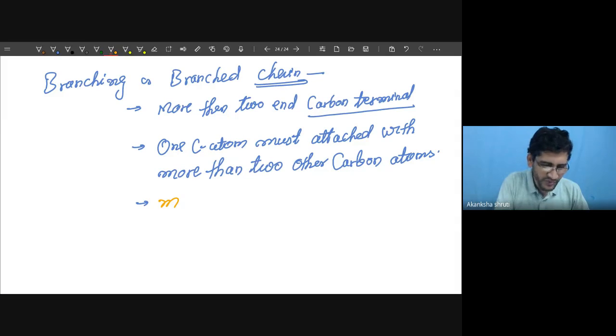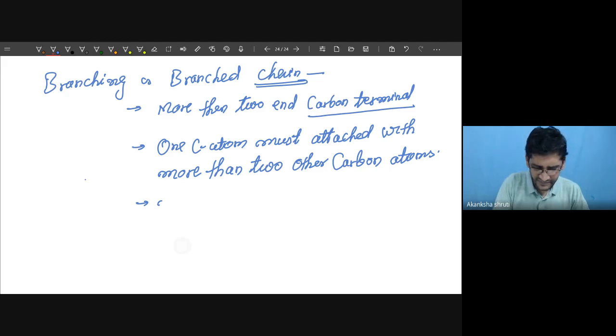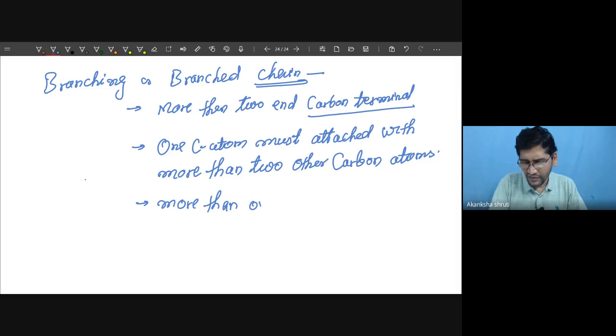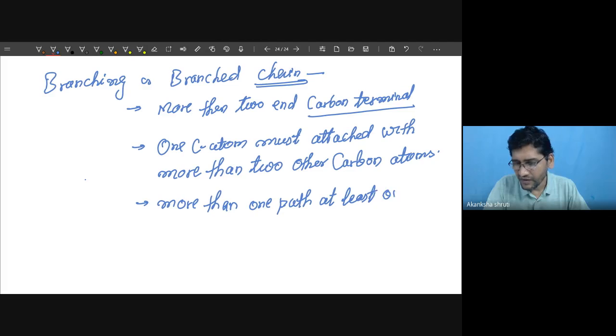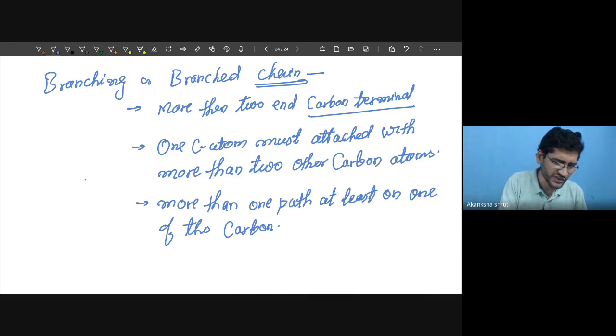So write: more than one path at least on one of the carbons. It is called branching.